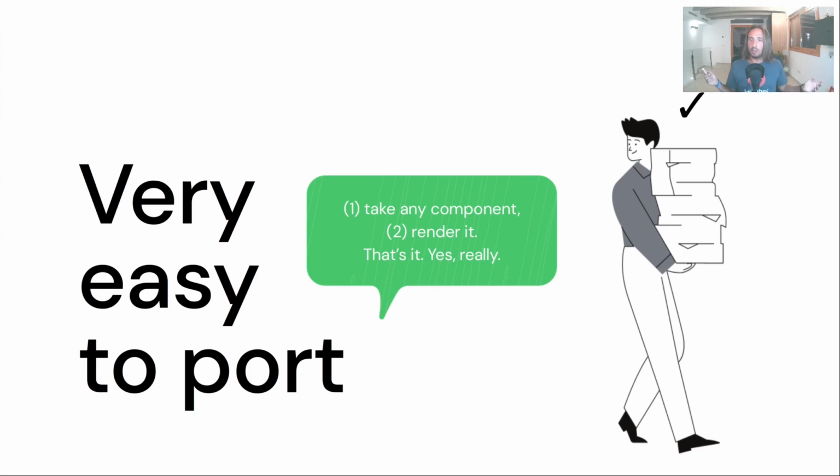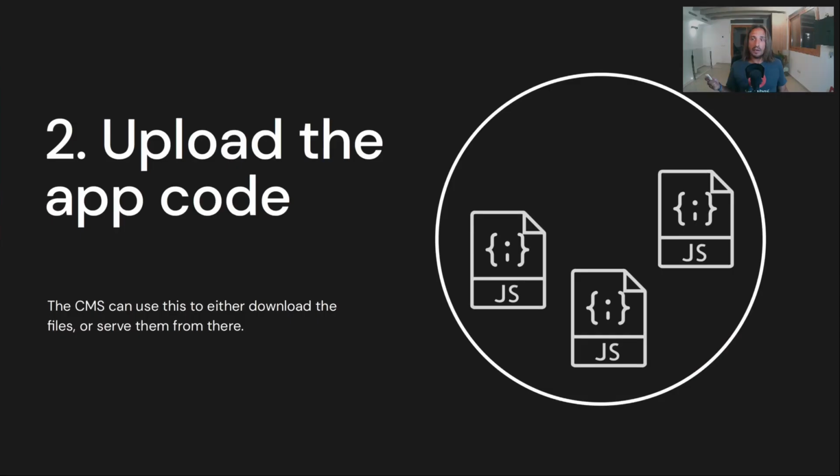So you take any component, you render the component, and that's it. So once you have that, very easy, you need to upload the application code to somewhere accessible by the internet. And that is because we are gonna have the CMS download the JavaScript and execute it in the page.